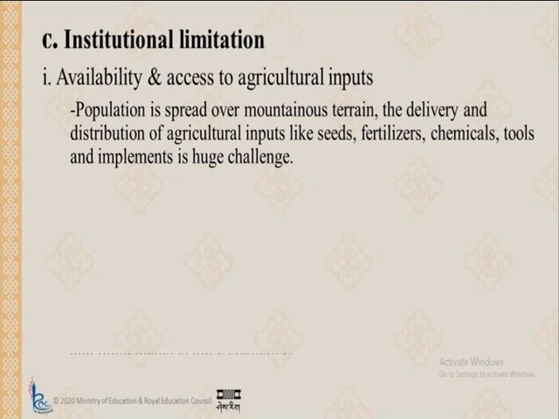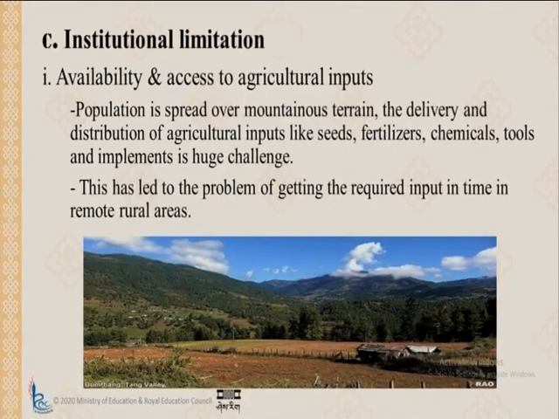Even if our people working in the agriculture sector want to distribute hybrid seeds, fertilizers, chemicals and tools to our farmers, because of the scattered settlement, they are unable to give that service to the farmers. This has led to the problem of getting the required inputs in time in remote rural areas.